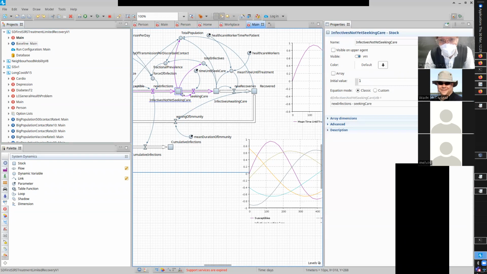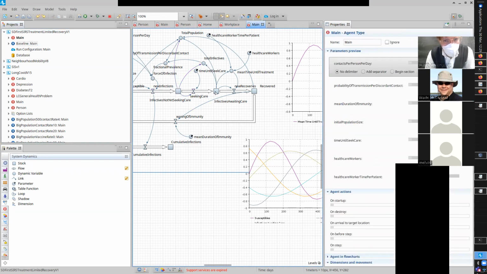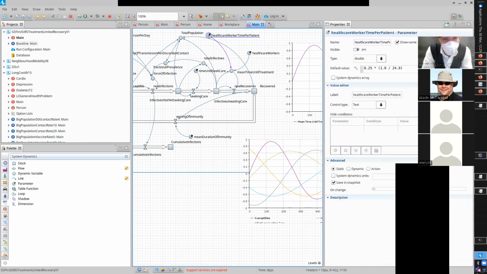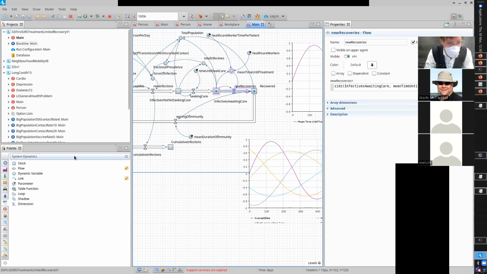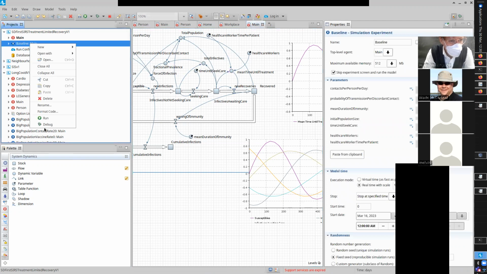Yeah, okay, so I don't see an issue here. And the healthcare worker time per patient, yeah, wow. So I'm trying to figure out what's going on. Well, you'll get to see me try to figure it out.